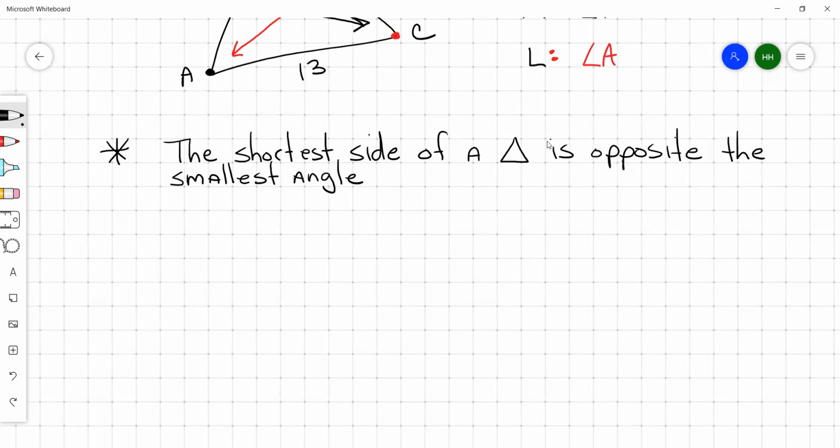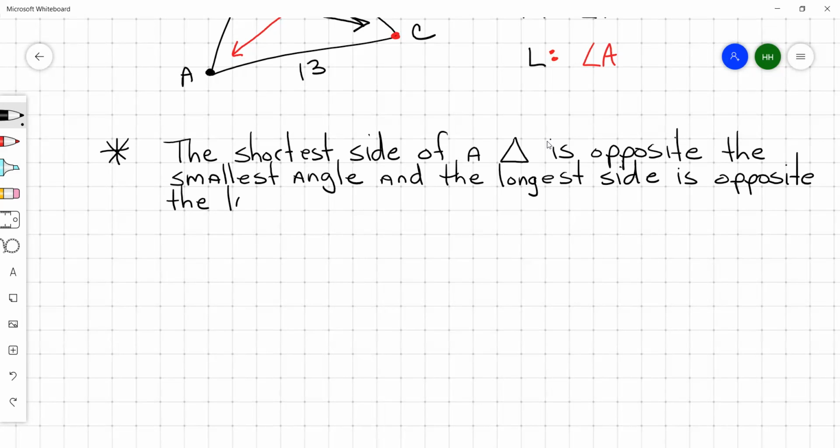Shortest side of a triangle is opposite the smallest angle, and the longest side is opposite the largest angle. Converse of the statement we just wrote.